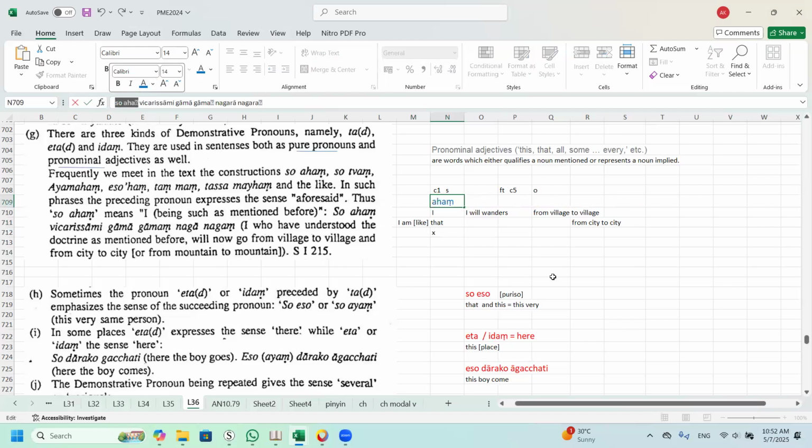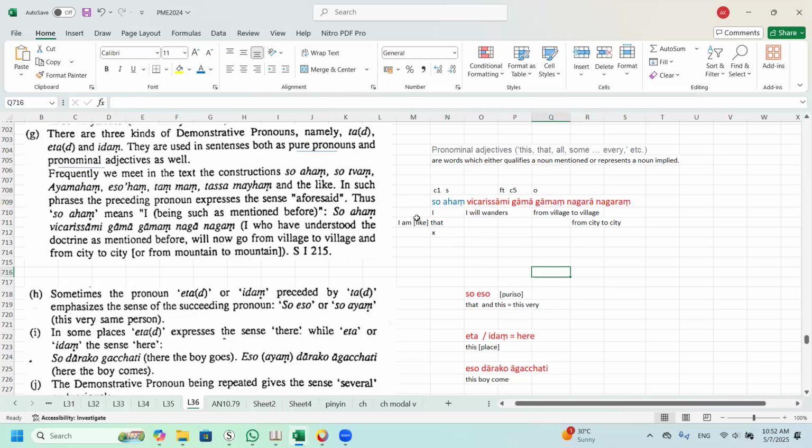So the book did not explain this. Like that, I'm like that. So I think somewhere around the book, maybe you can see. So you get so same like this.